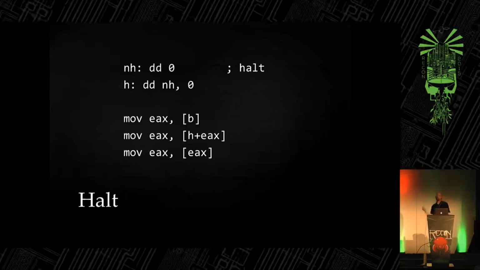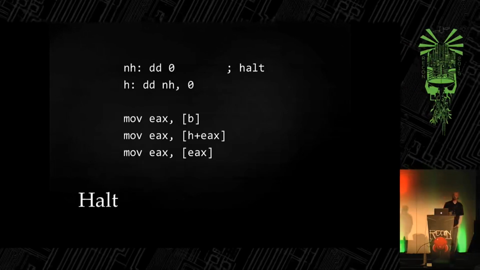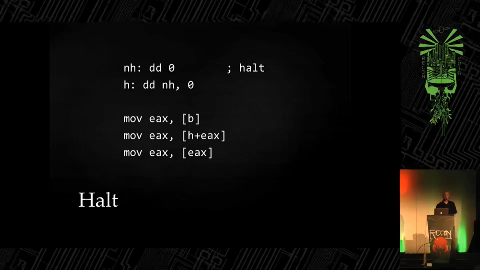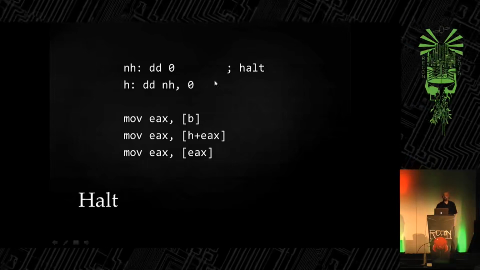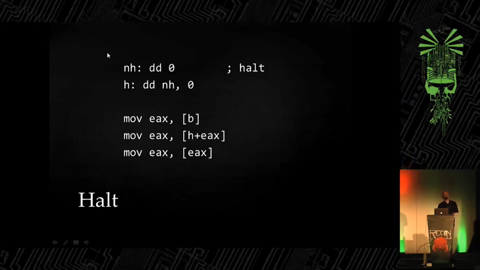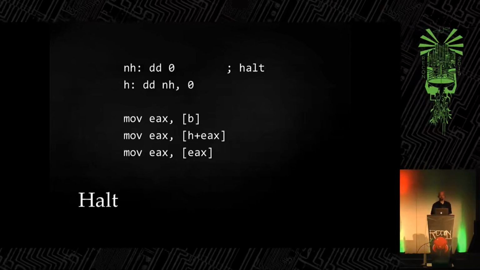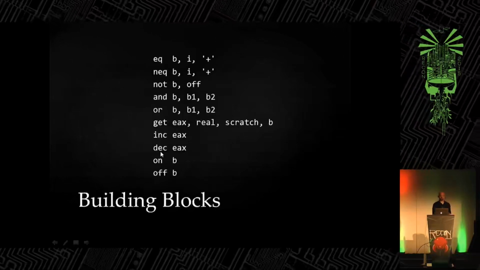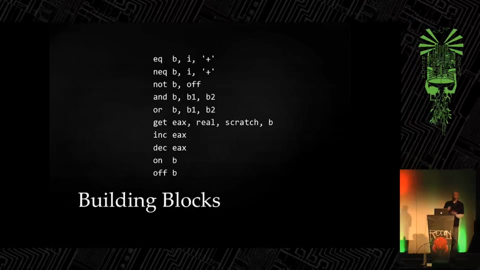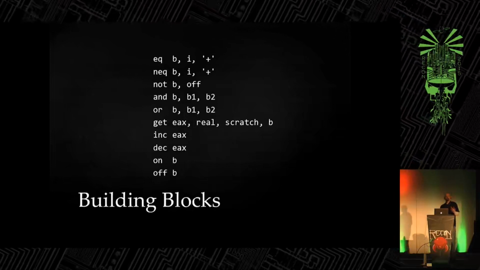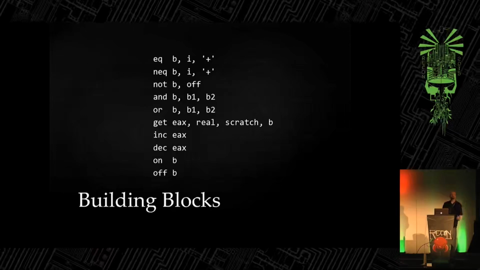Obviously, we don't want to access null and halt our program every single time. We want to be able to conditionally do that. So we can do that with lookup tables as well. This is a way to conditionally look up either a real pointer to real data or the null pointer to 0 and dereference that to conditionally halt the system. So we're really getting there. We've got all these building blocks now as assembly macros that expand to move instructions.